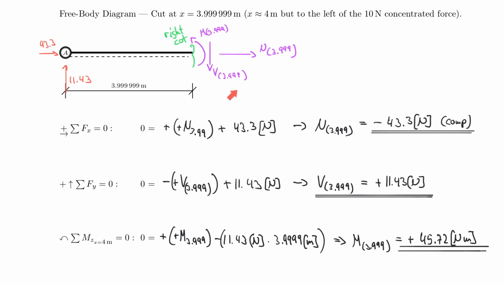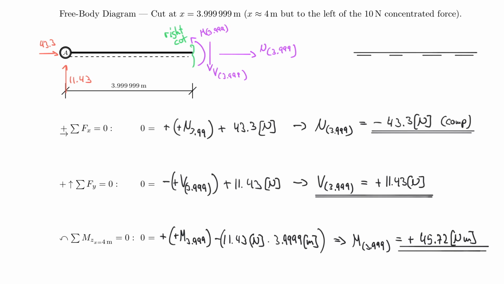Just before I move on to the next cut, which would be to the right of the force that we cut here before, please understand that this is identical to actually solving the opposite system, which would be on the right side. So I think it looked something like this.